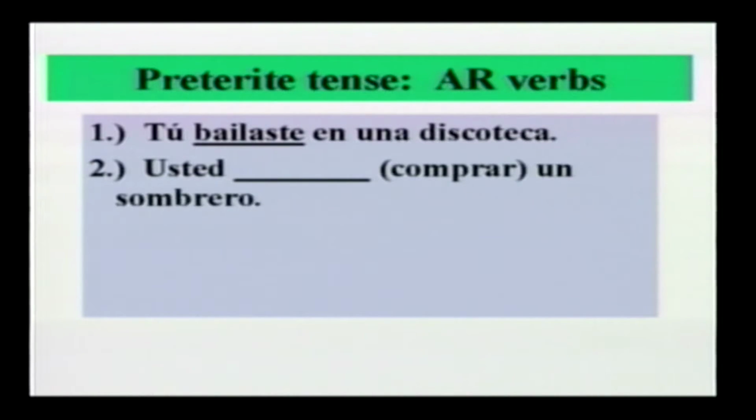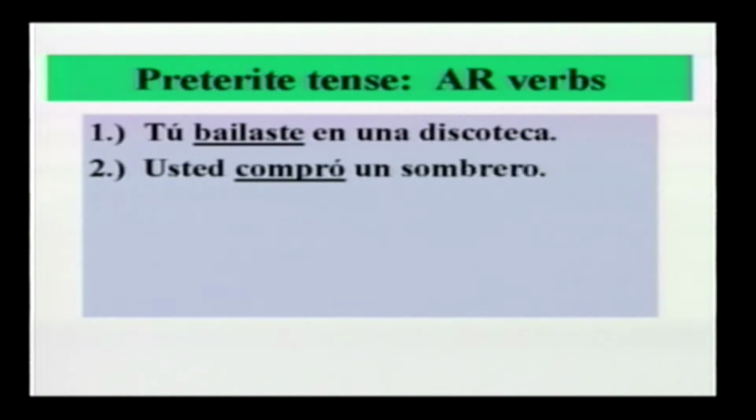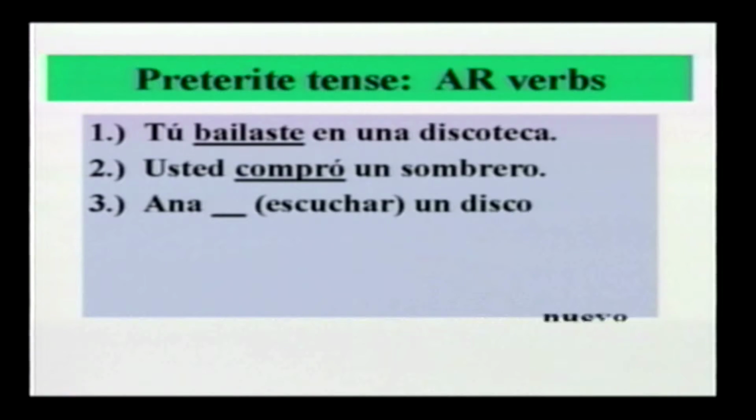Usted comprar un sombrero. Comprar, to buy. Compró. Correct. Number 3. Ana, escuchar. Escuchó. Third person. Correct.